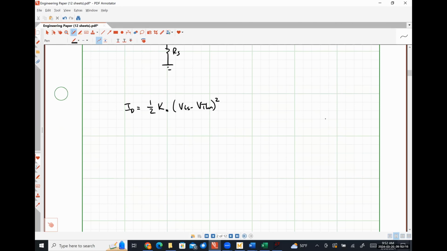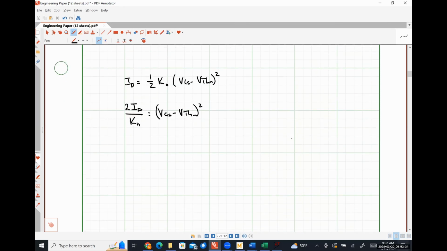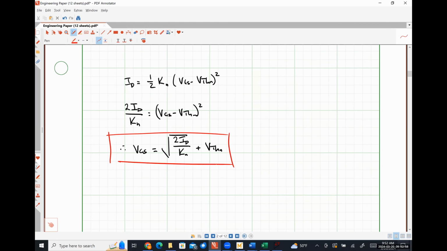We could rearrange this and say that twice ID over Kn is equal to VGS minus VTHN squared, so that the gate source voltage that we're having to apply to this thing is going to be the square root of twice ID over Kn plus VTHN.